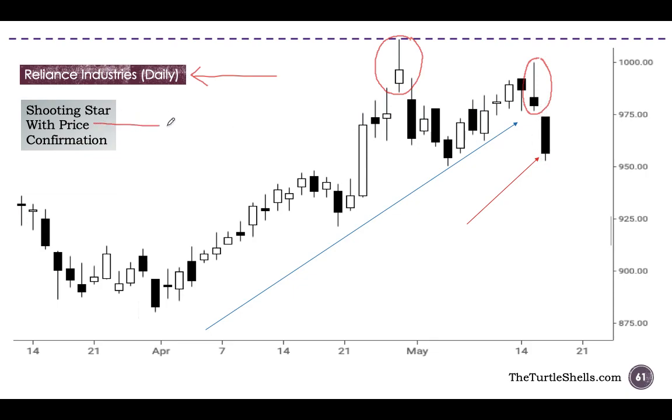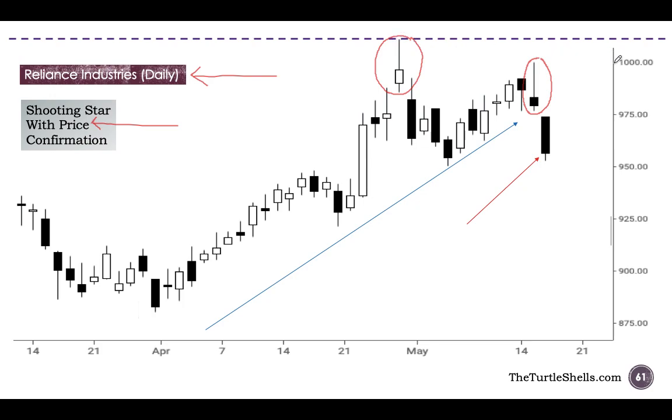What is the price confirming? The price is confirming our bearish view when we saw that shooting star. Okay, so it's advisable to wait for one more candle if you don't have prior resistance confirmation. Now in this case, we don't need that candle because it's already confirming that resistance created by this candle.